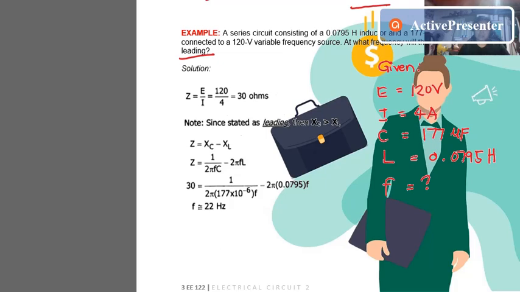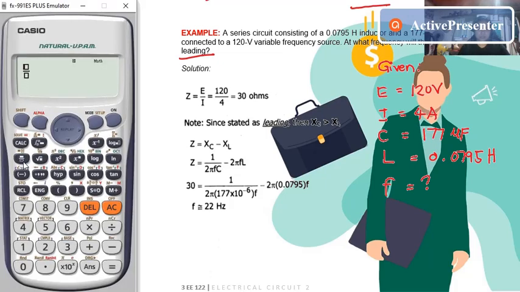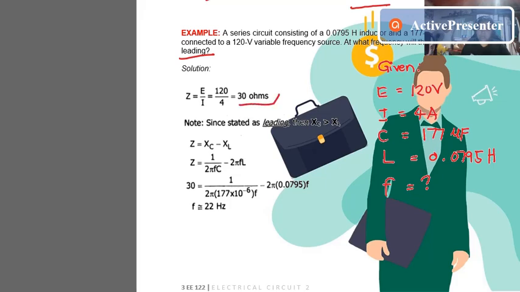So again, solve for our impedance. Same process: 120 divided by 4 amperes. So our impedance will be 30 ohms. Since it says our current is leading, therefore XC is greater than XL.